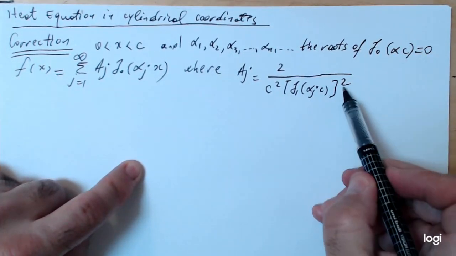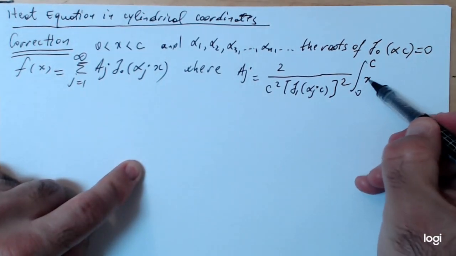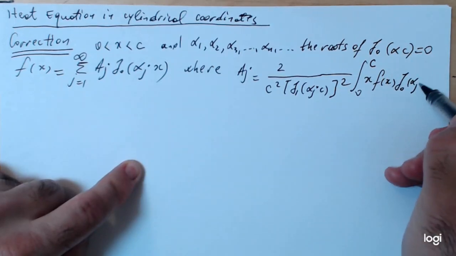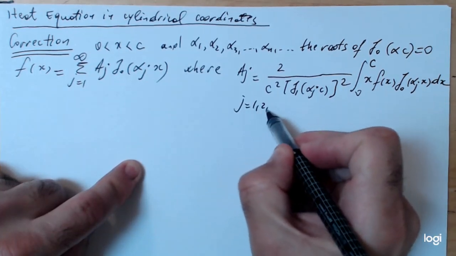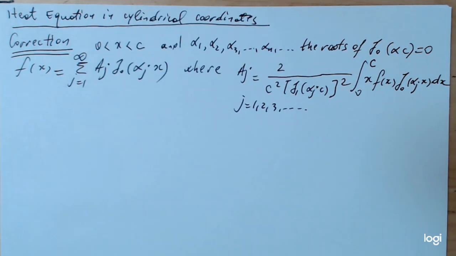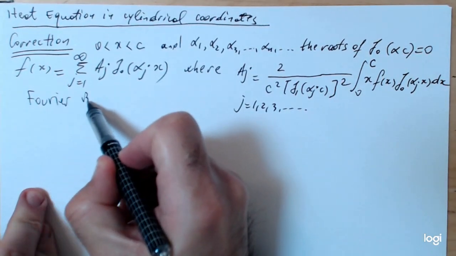So I forgot this power 2. Times the integral from 0 to c of x f of x J naught of alpha_j x dx, where j goes from 1, 2, 3, and so on. These are analogous to the Fourier cosine and sine series before. So this is the formula that gives you the Fourier-Bessel coefficients, and this is a Fourier-Bessel series.